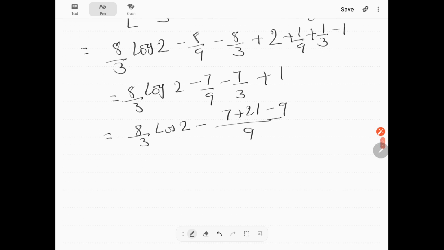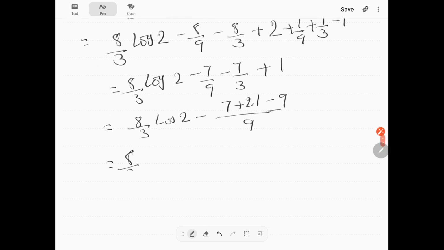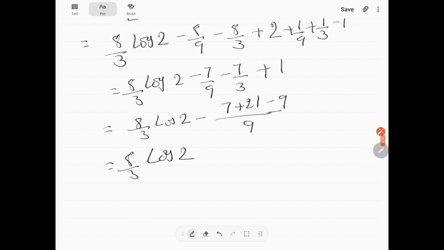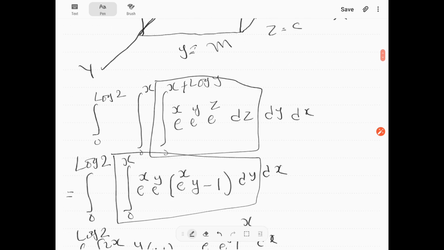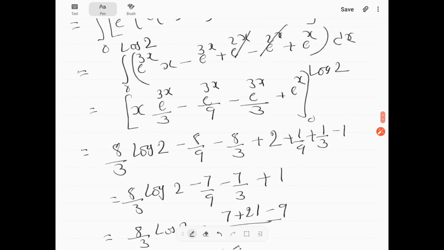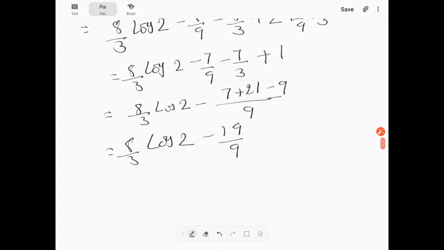So this is 8 by 3 log 2, 21 plus 7, 28, 28 minus 9 is 19, minus 19 by 9. So this is the triple integral value, the triple integral of e power log 2. This value is e power, 8 by 3 log 2 minus 19 by 9.